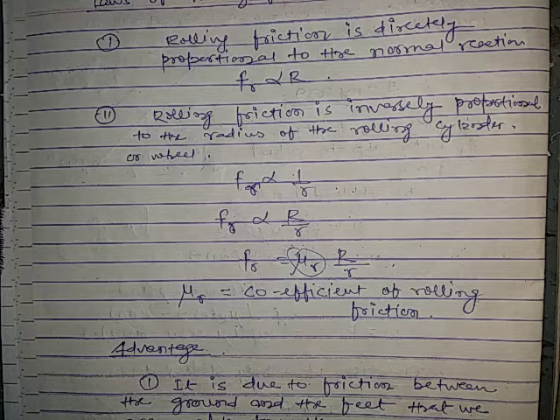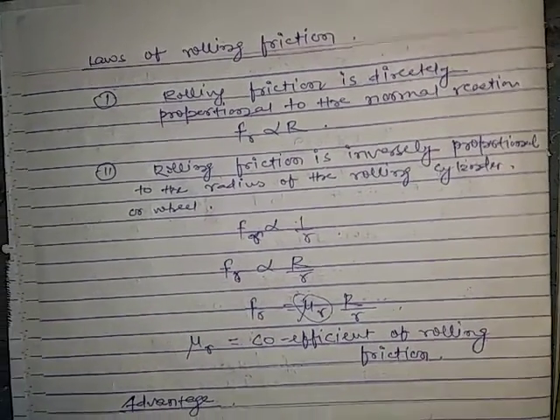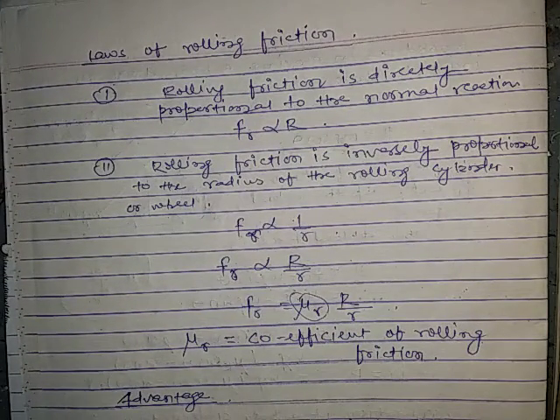So the two laws of rolling friction: the first law states that rolling friction is directly proportional to the normal reaction, and the second law states that rolling friction is inversely proportional to the radius of the rolling cylinder or wheel.